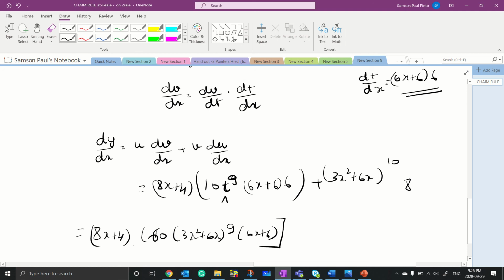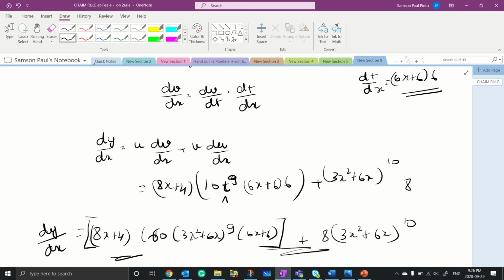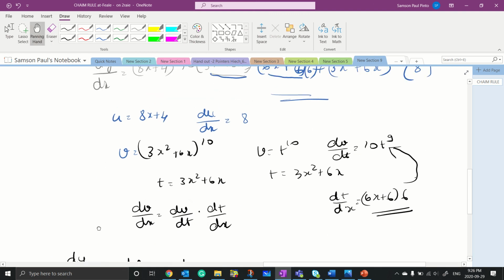Let me just multiply that 6 here and make it 60, plus 8 into (3x square plus 6x)^10. That's all. That is dy by dx. Again, both will give the same answer if you verify. I hope you understood this procedure.